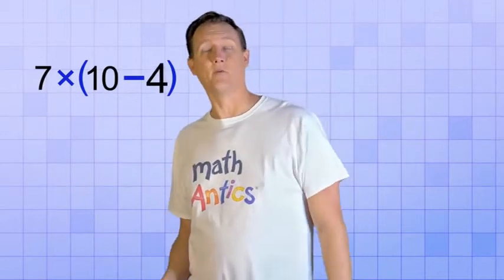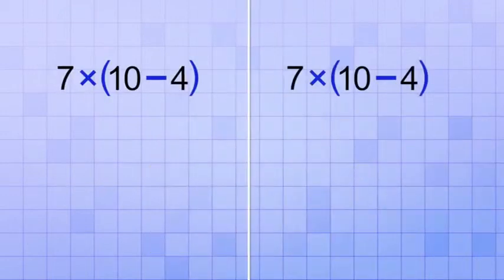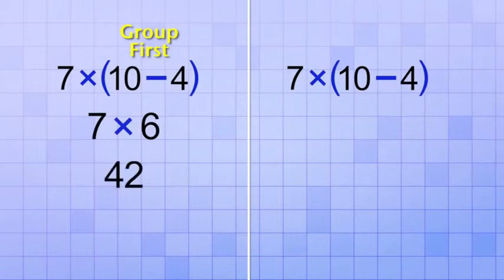Now, before we wrap up, there's one more important thing that you should know about the distributive property. You already know that the distributive property works when the members of a group are being added, but it works the same way for members of a group that are being subtracted, like in this problem, 7 times the group 10 minus 4. You could do this problem the typical way and simplify the group first. 10 minus 4 is 6, and then 7 times 6 gives us 42.